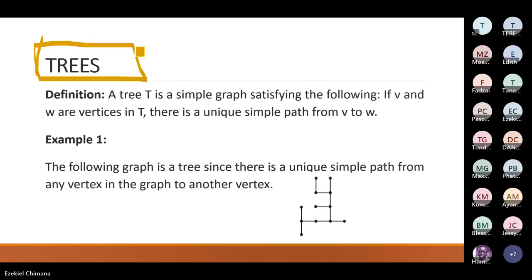Then you have to look at matrices. We assume that you've done matrices way back, maybe in mathematical foundations. I'm sure in mathematical foundations you've done relations and matrices.